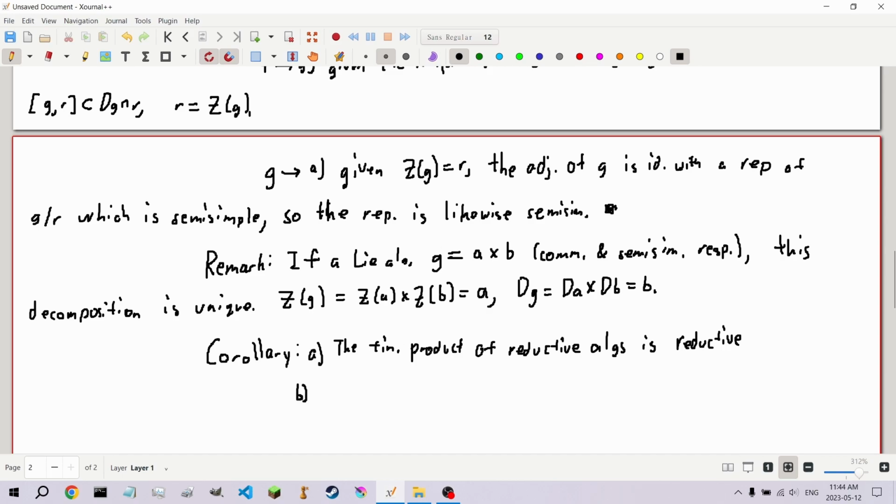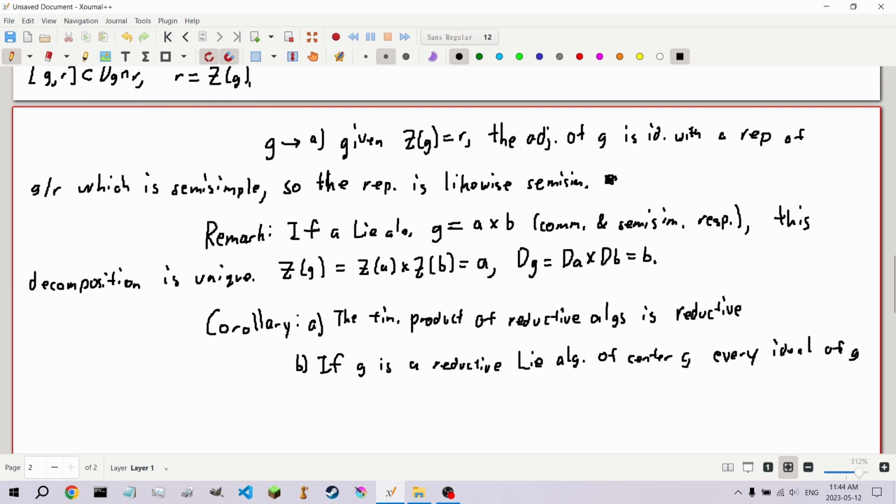The second is that if G is a reductive Lie algebra of center C, every ideal of G is a direct factor.